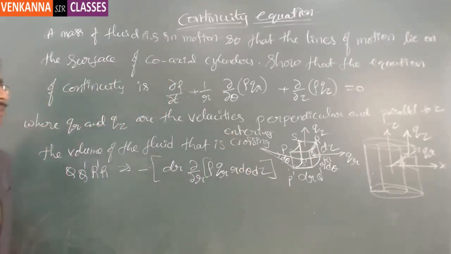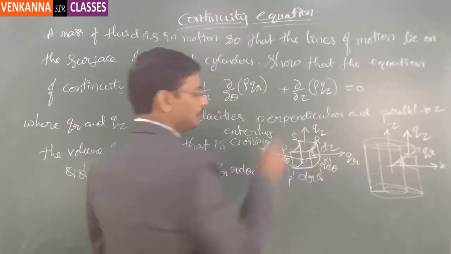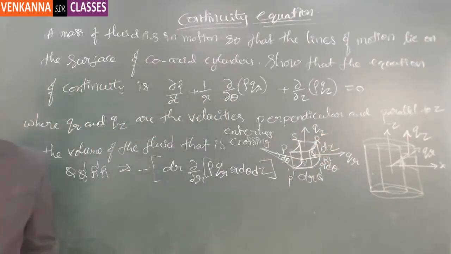So this is the volume of the fluid that is crossing this surface R dash Q dash Q. Is this understood? Understood or not? Other than Avinash, yeah. So I hope everybody got a fair idea on this.